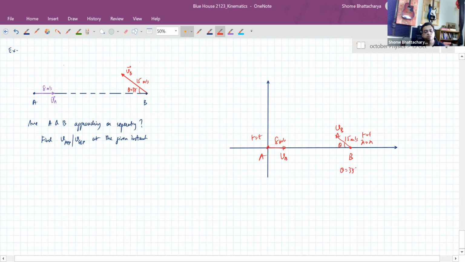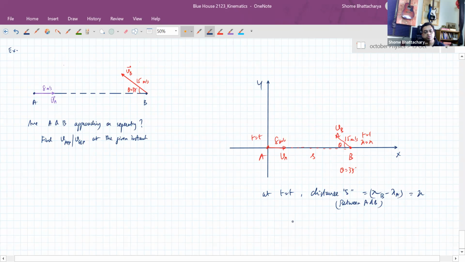Okay, so then right now the distance s between A and B is equal to this x coordinate that B has. It is like the x coordinate of B minus the x coordinate of A.